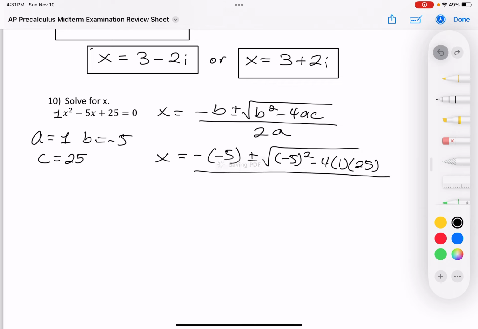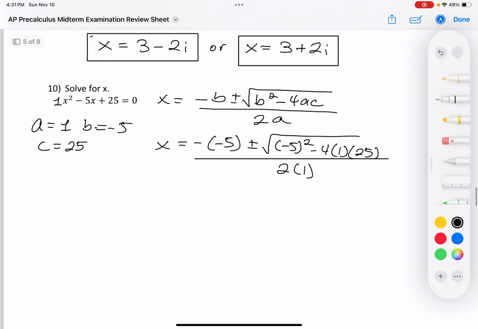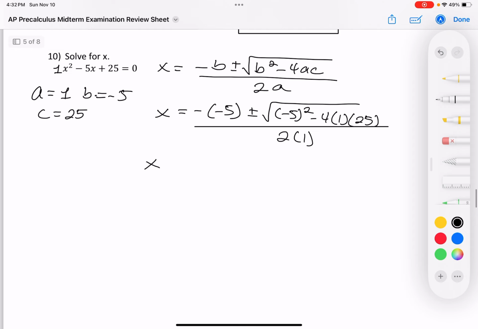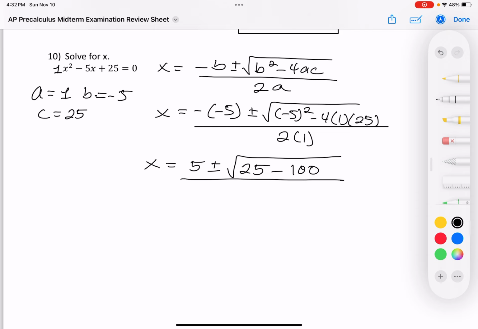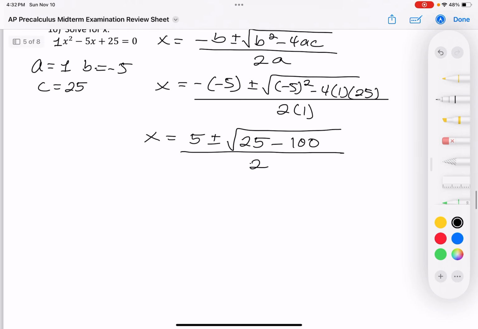And that's all divided by 2 times 1. 2 negatives makes a positive, so that's 5 plus or minus the square root of negative 5 quantity squared is 25. 4 times 1 is 4. 4 times 25 is 100, so that's minus 100, divided by 2. 25 minus 100, that's negative 75 over 2.